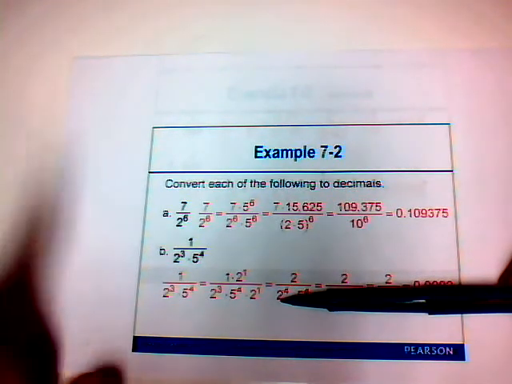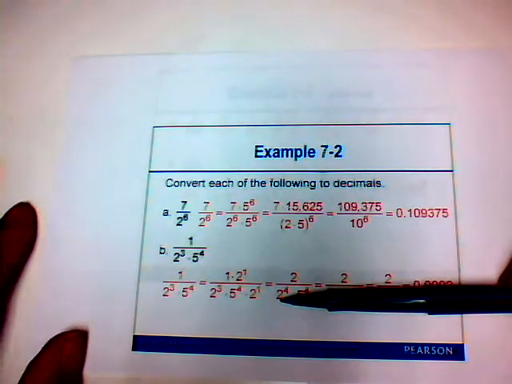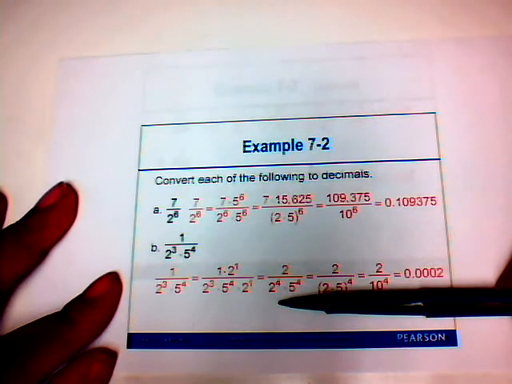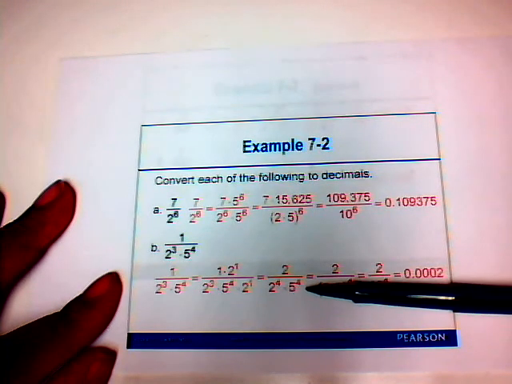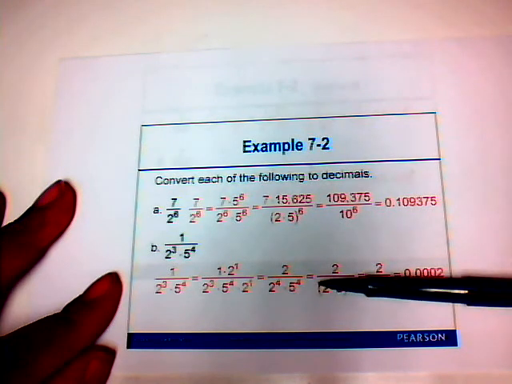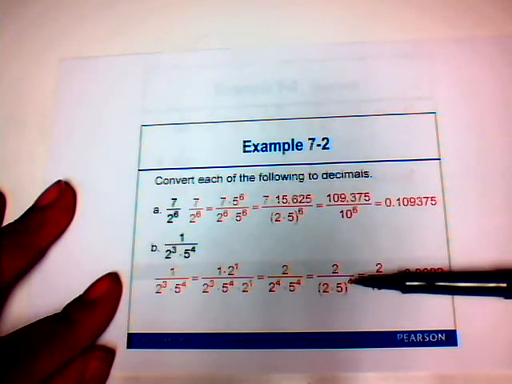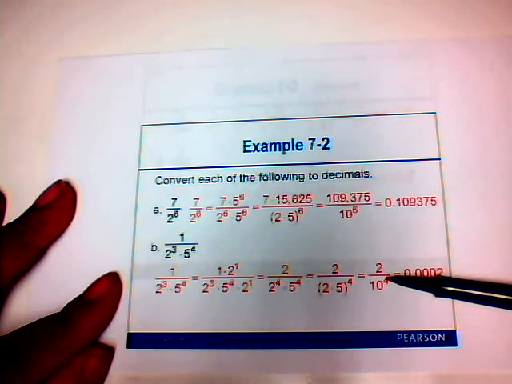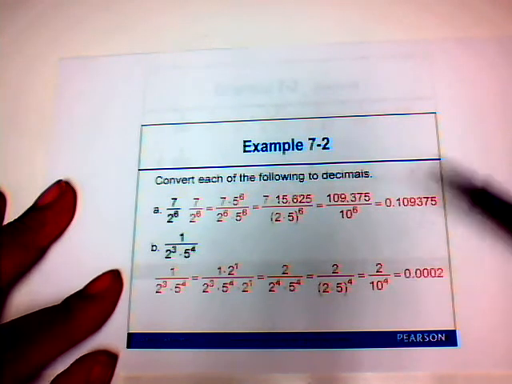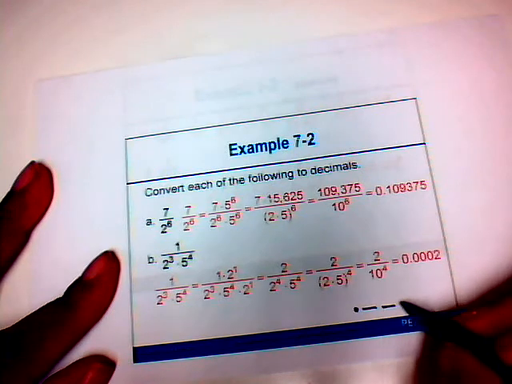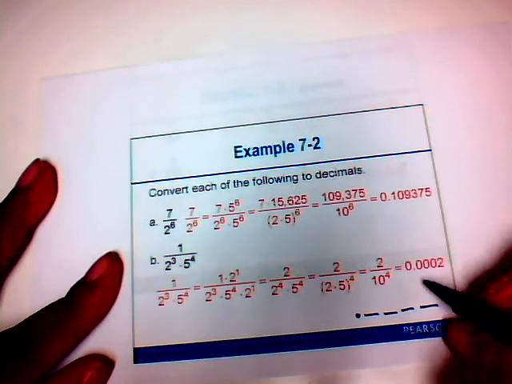If you recall, when you multiply powers of the same base, you always add your exponents for that base, and then bring over 5 to the 4th. Now 2 to the 4th times 5 to the 4th can be rewritten as 2 times 5, all raised to the 4th. But 2 times 5, of course, is 10, so that would be 10 to the 4th power, or 10 thousandths, which means there must be 4 numbers after the decimal point.